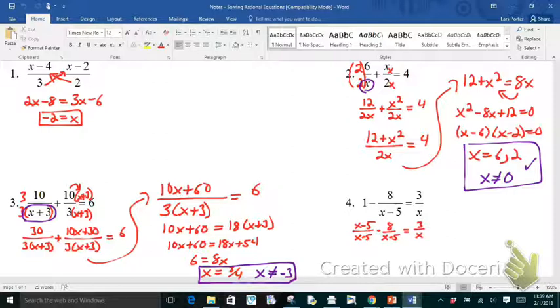Right now I'm not even going to combine those. I'm not going to find a common denominator. Again, we're going to rely on cross multiplication, which means that we won't have to worry about that. So we can add these together. So x minus 5 minus 8 is going to give me x minus 13 over x minus 5 is equal to 3 over x.